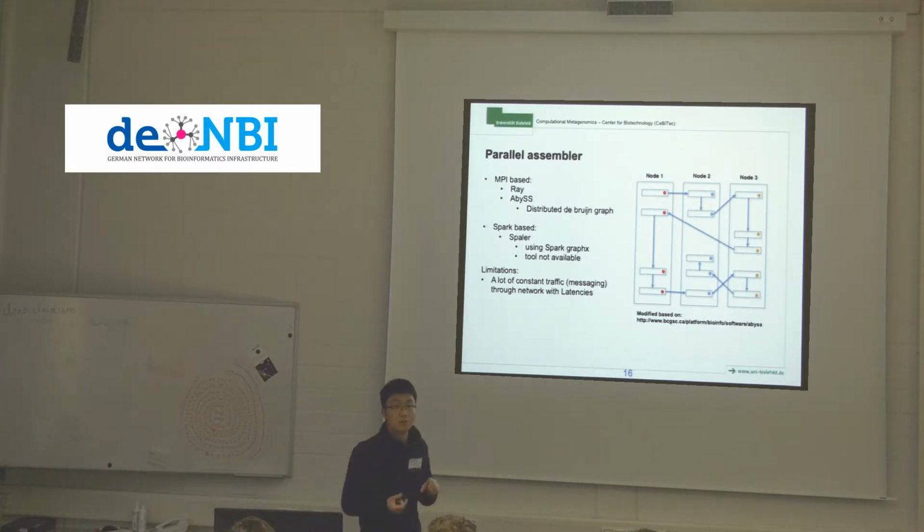So in addition to nodes and edges, you usually need a pointer or an index to point to the physical location, to which instance the adjacent k-mer is on. For instance, Ray and ABySS implement this as an MPI-based distributed de Bruijn graph.